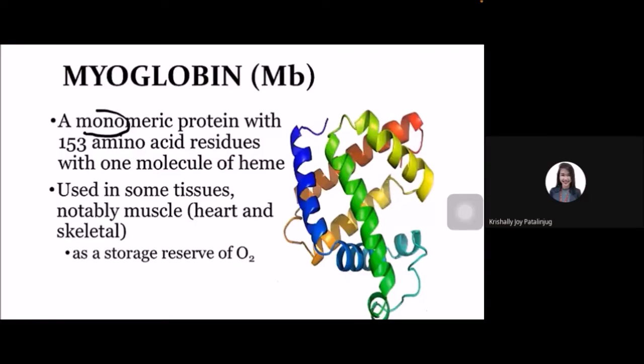It only consists of one polypeptide. Kumbaga, meron kang isa lang na kahaba-habang polypeptide chain for a myoglobin. Unlike hemoglobin, di ba, hemoglobin is tetrameric. So for myoglobin, monomeric siya.